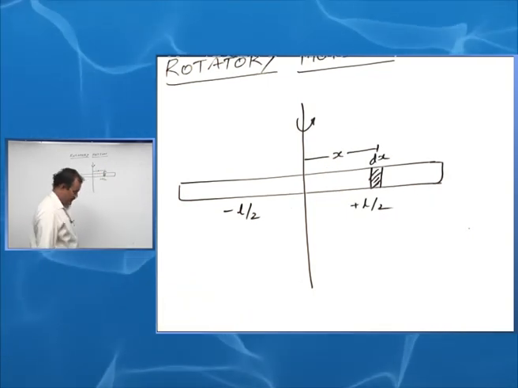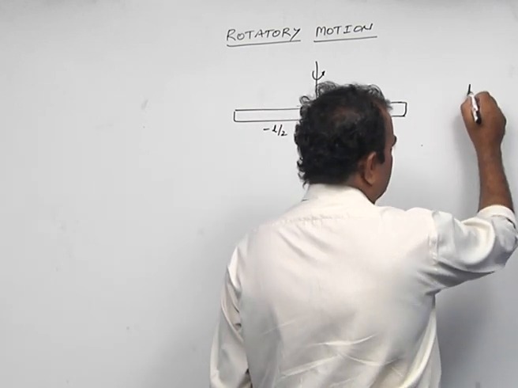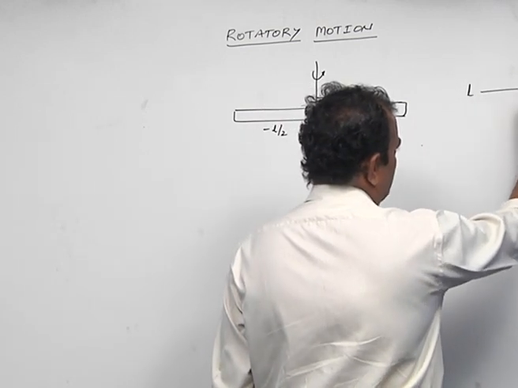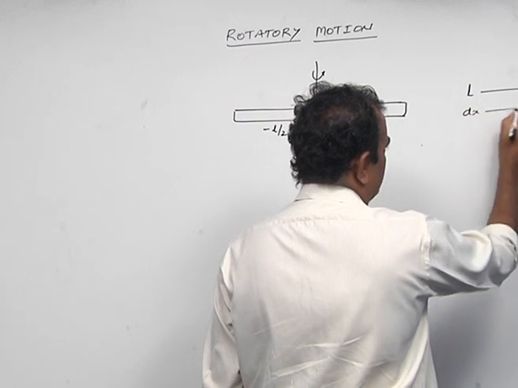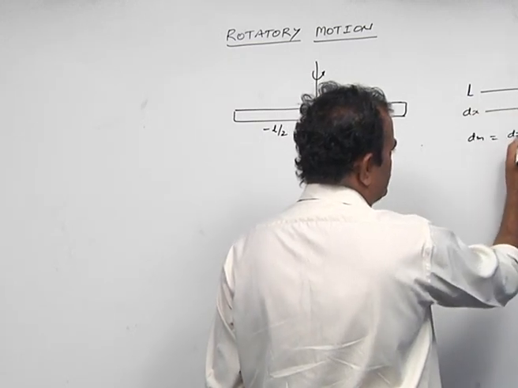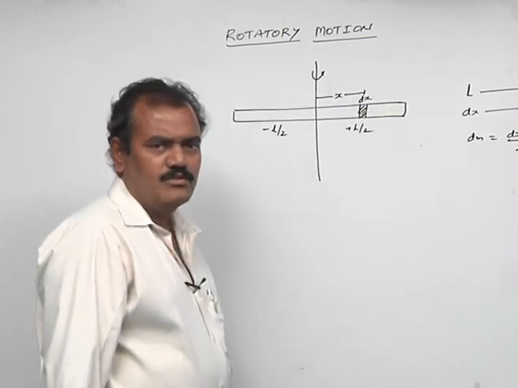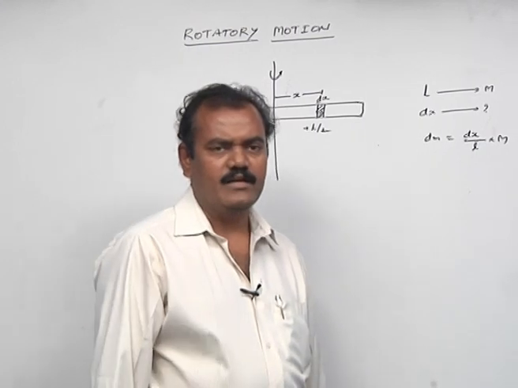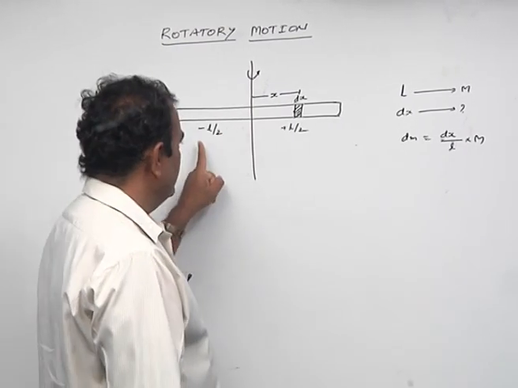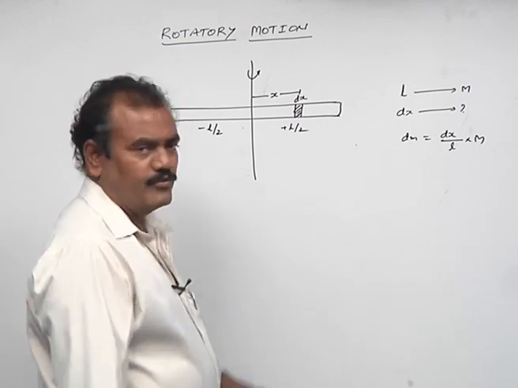Here the complete length is L and M is the mass, so if dx is taken, then the mass is dm equal to dx by L into M. Now we are finding the moment of inertia of this element only, about this axis of rotation.